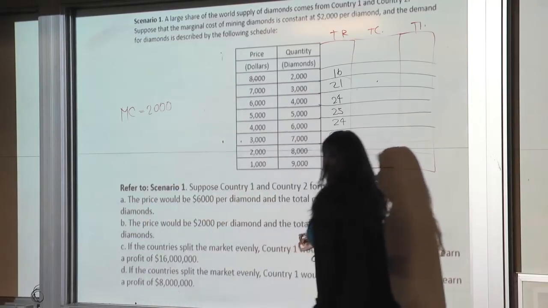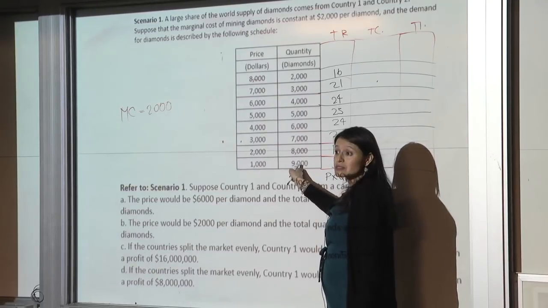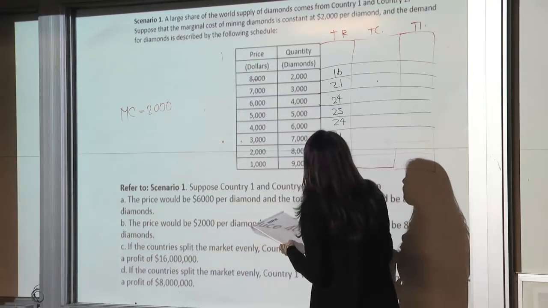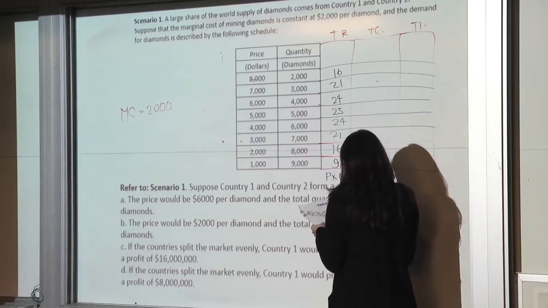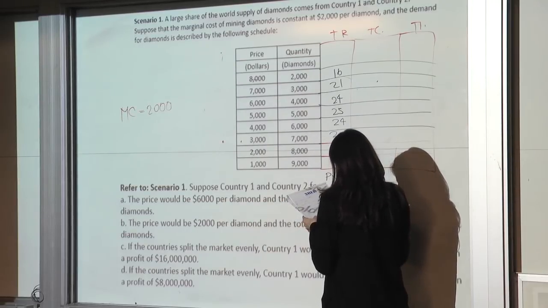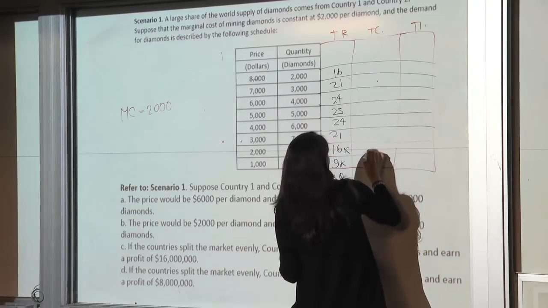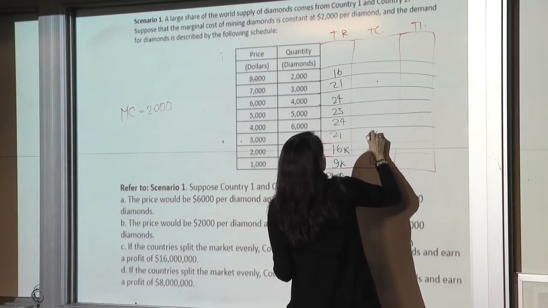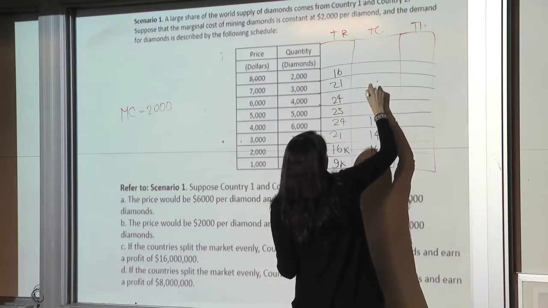So the total cost will be quantity 9 times 2,000, right? So 9 times 2 is 18. 16, 14, 12, 10, 8.